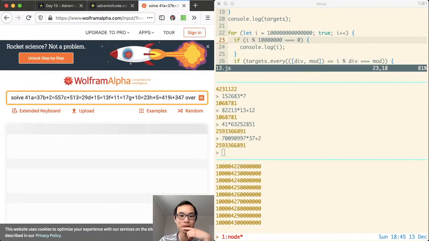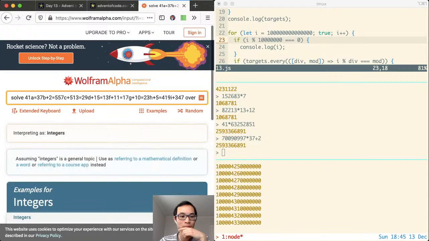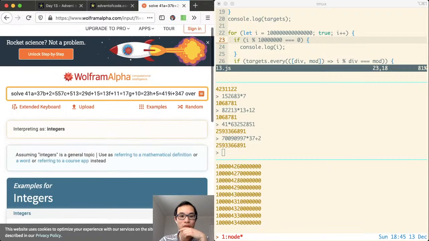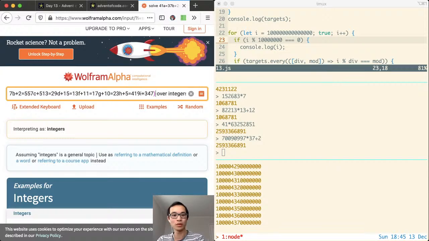Don't interpret that as a complex number, please. But I kind of feel like it might. Interpreting as integers. Is it just too long? If I put brackets around it, will it try?